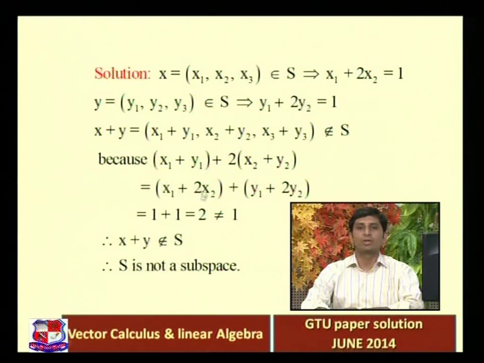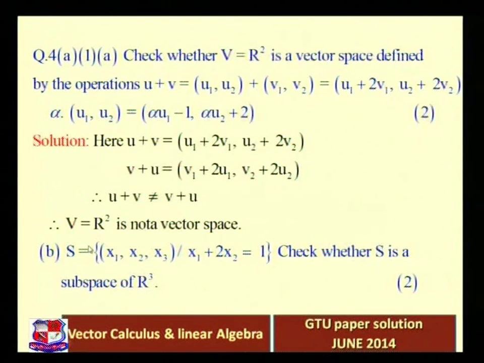So clearly x plus y does not belong to S, because if x plus y belongs to S, that means the first coordinate plus 2 into second coordinate must be equal to 1 by the definition of the set. You can see what type of vectors are in the set. Only those vectors from R3 are in the set such that the first coordinate x1 plus 2 into second coordinate x2 is equal to 1.